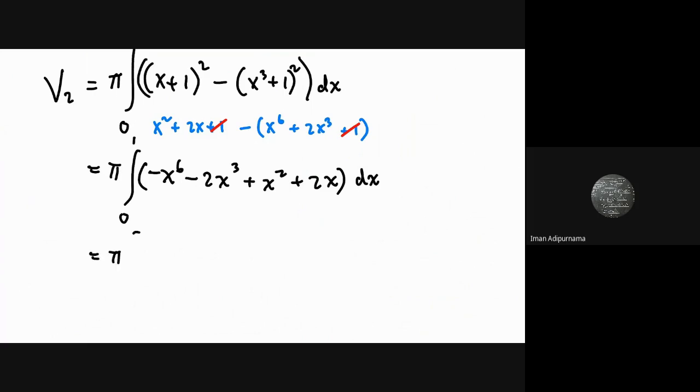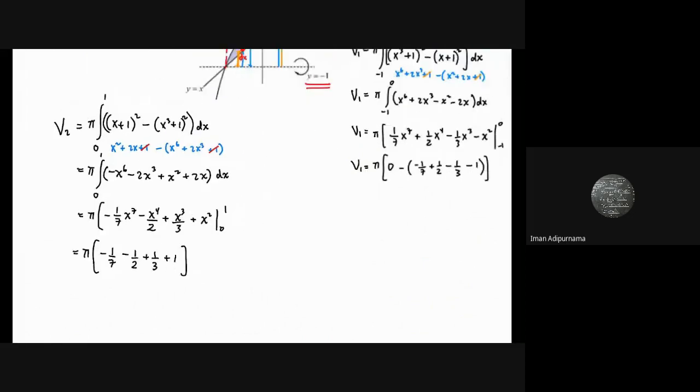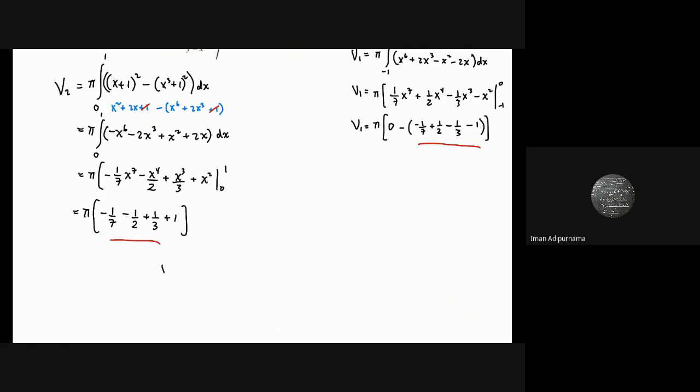Okay, so pi, this will become -1 over 7 x to the power of 7. Okay, now you see this seems similar, so we can compute the volume of the total.